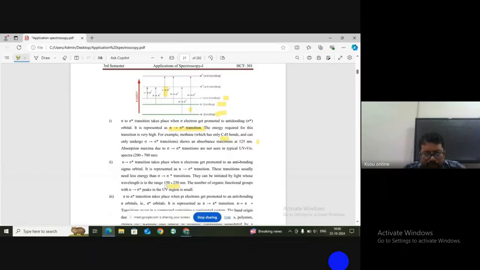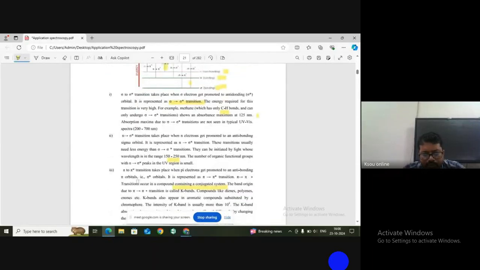This also belongs around 150 to 250 nanometers and is also forbidden in the measurable range. The condition for this transition is that the compound should contain at least one lone pair and one sigma bond.